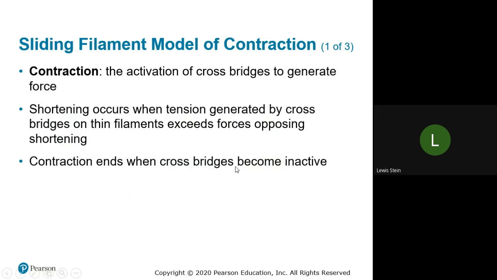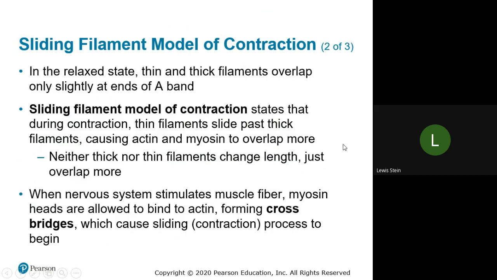And because of the cross bridges, they shorten, et cetera. So typically when your muscles are relaxed, in the illustrations and the actual micrographs, you're only going to see the overlap slightly at the ends of the A band. Okay, so they slide past one another. They don't change length, they just change their relationship.